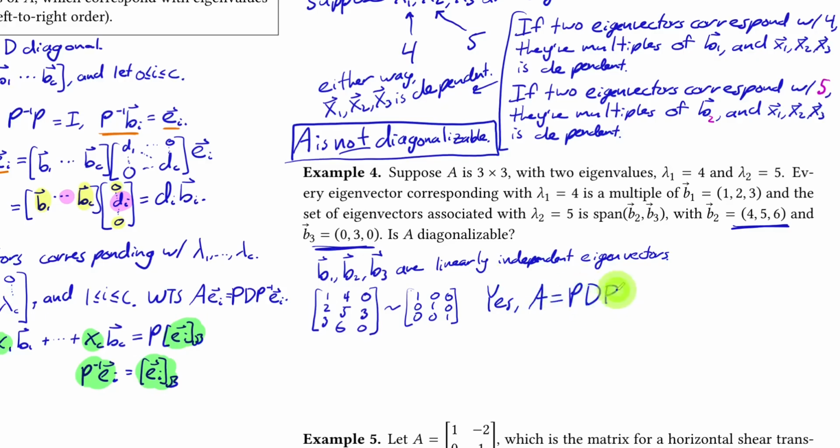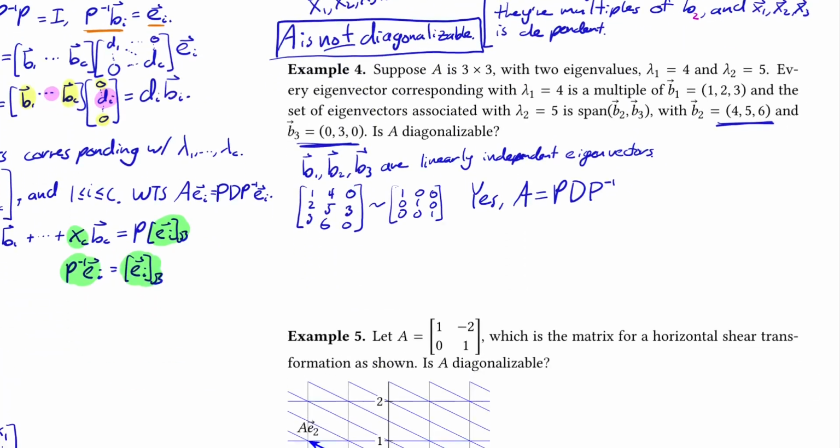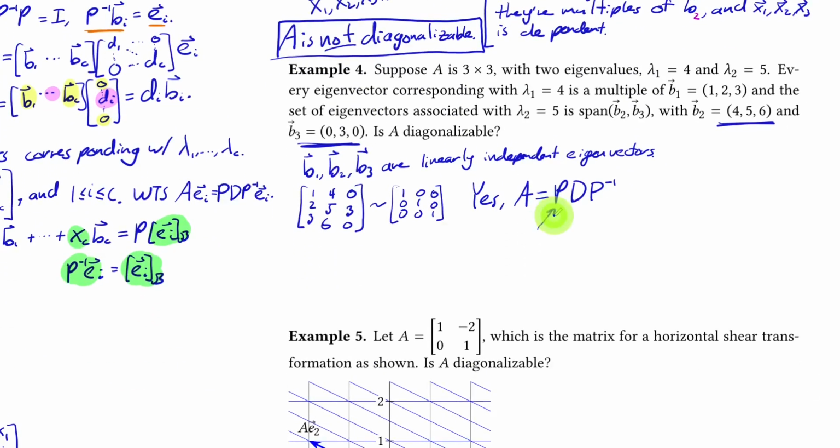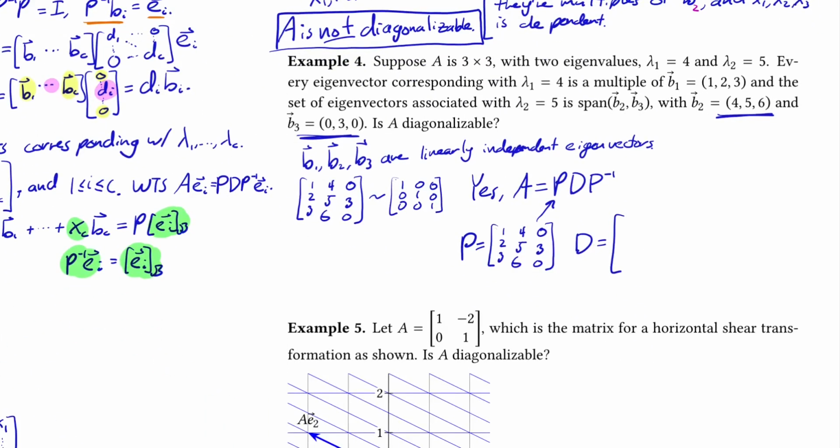And specifically, A is equal to P times D times P inverse, with P equal to this b1, b2, b3 matrix, and D the diagonal matrix, where the eigenvalues correspond with the eigenvectors in P in corresponding left to right order.